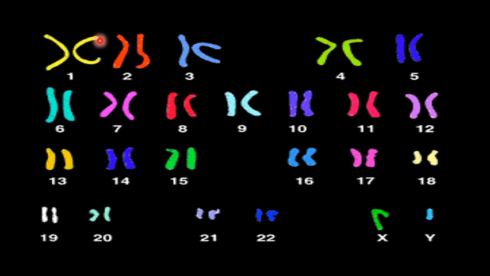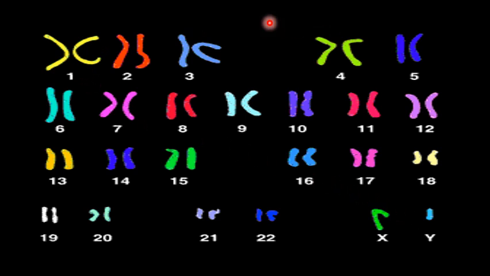Both will carry the same type of genes and the same type of information. All the chromosomes are the same except the 23rd pair, which will be slightly different because one will be X and another one will be Y. This determines the sex of the child or organism.